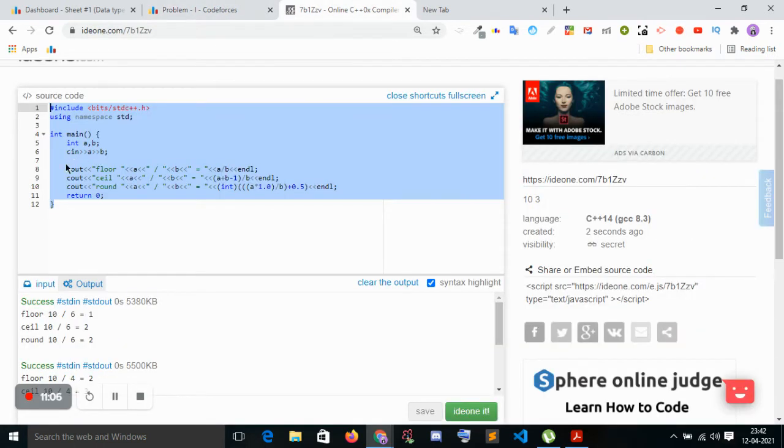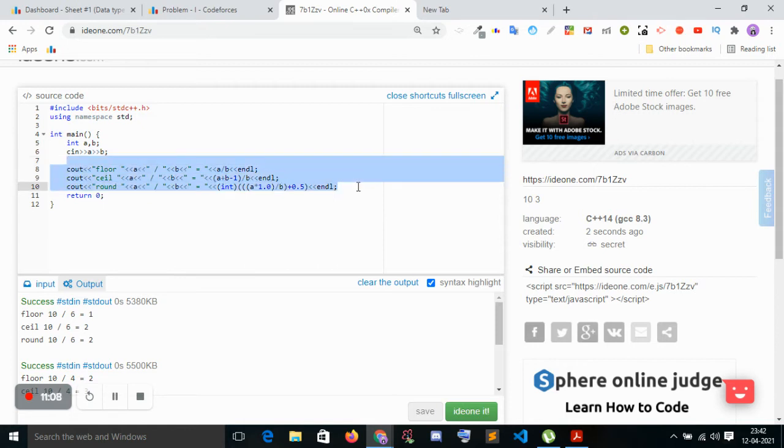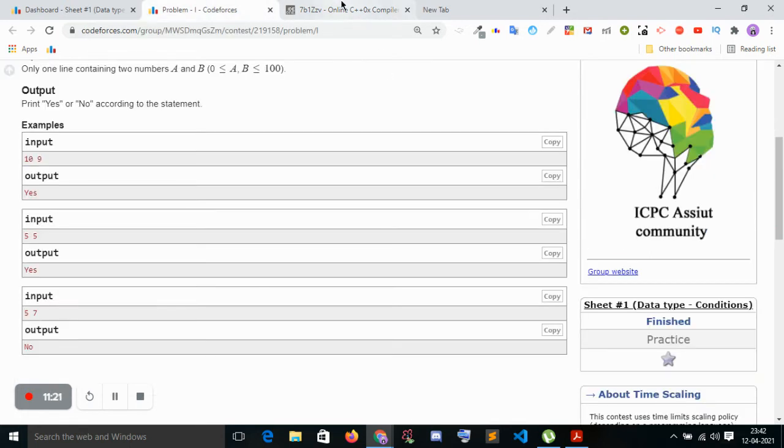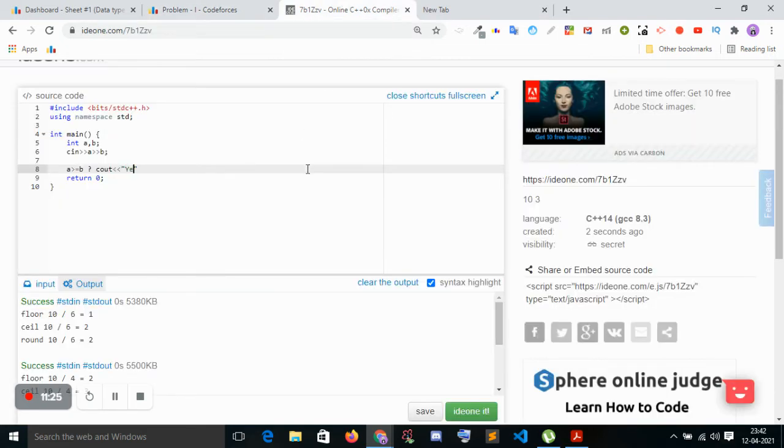Okay, so int A and B are given and just check. I will use a ternary operator, A greater than or equal to B, cout. So check, Yes should be with a capital first letter, and no, and cout.